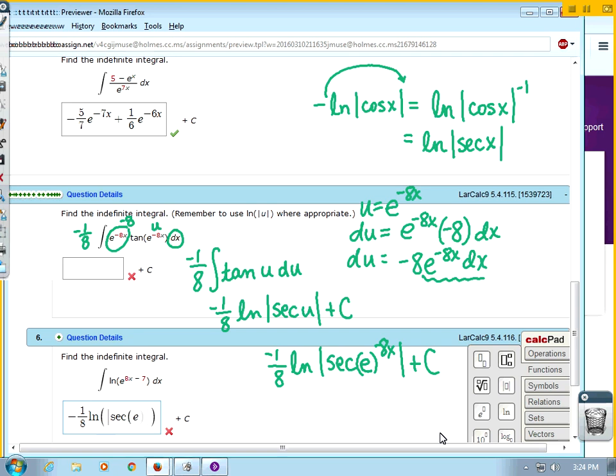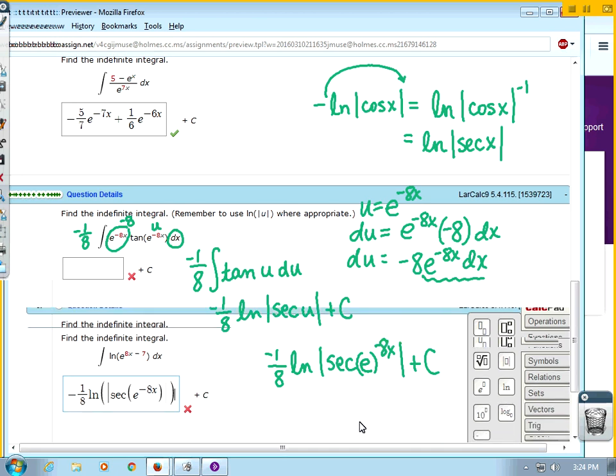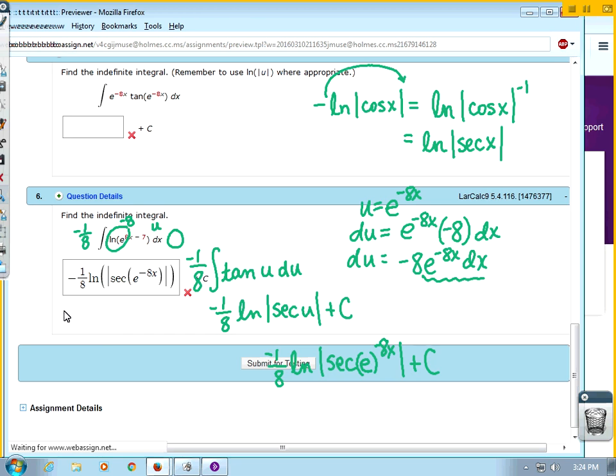All right, so secant of e to the negative 8x, it does have a closed parenthesis. So we have an open and a closed right here and here, and then we have the open after the ln and the closed at the end.